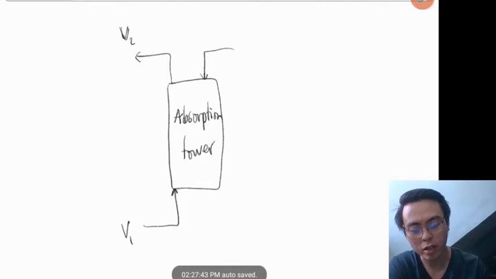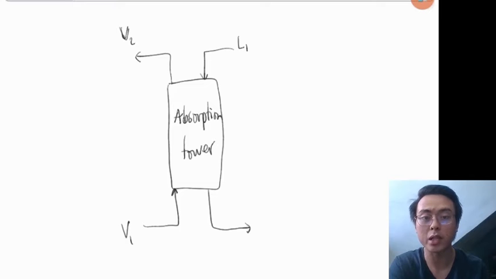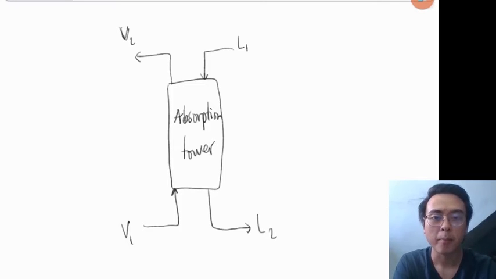We will call that L1. And your absorbing liquid together with the absorbed species will combine and exit the bottom of the tower, which we shall call L2. This is the basic flowchart of an absorption process. Okay, you have four streams: two inputs and two output streams.